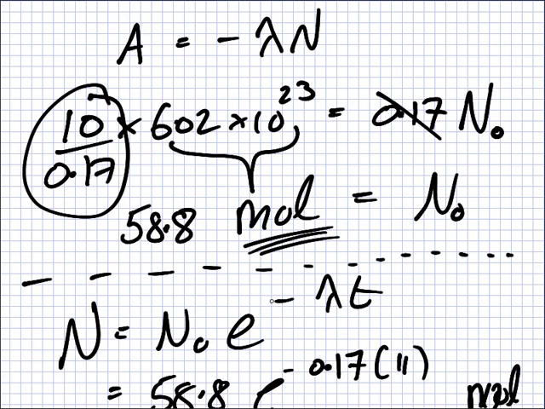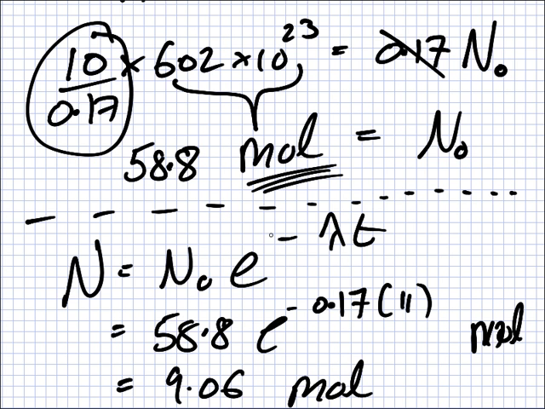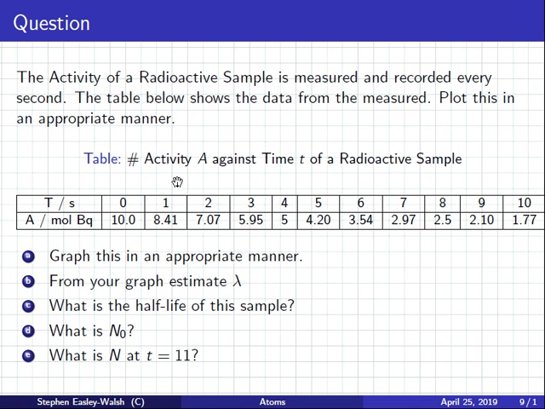You can use moles. It's okay. Where's the 10? Which 10? This 10? 10 over 0.17 is 58.8. Ah, here. Okay. It's okay? Continue?